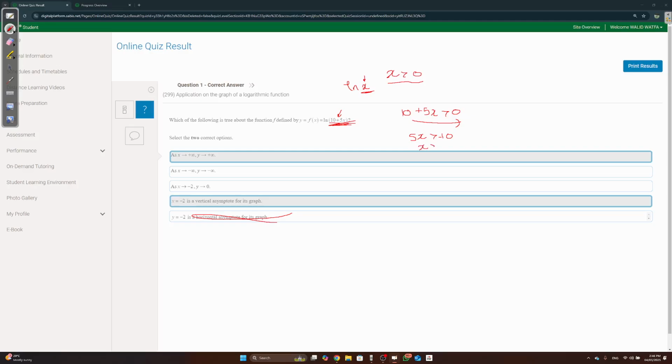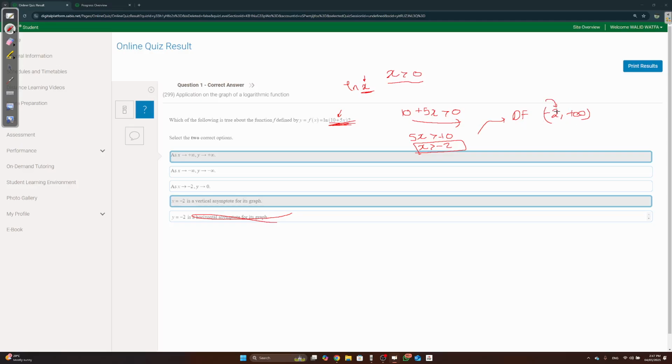Divide by 5. You're going to get x is greater than -2. Please don't say, oh, you divide by 5 and you flip the sign. No, you only flip the sign when you're dividing by a negative number. Here I'm dividing by positive 5, so I'm not going to switch it to less than -2. So x is greater than -2. That means my domain is (-2, positive infinity).